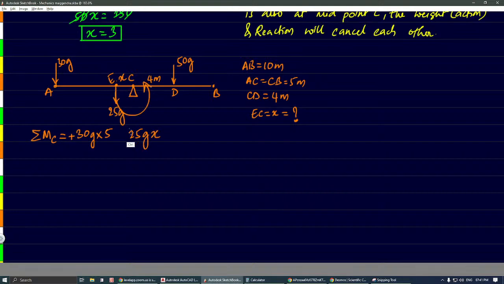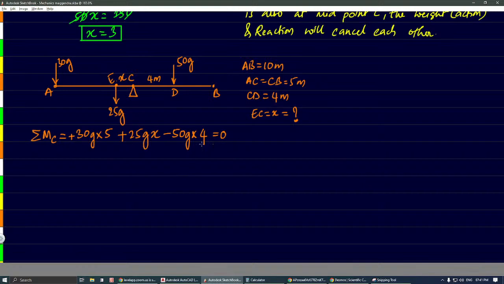This is also moving in anti-clockwise, so this is also plus. Then 50G into the distance 4 meters. This one is going in clockwise direction, so minus. So that's all. This total should be equal to 0.